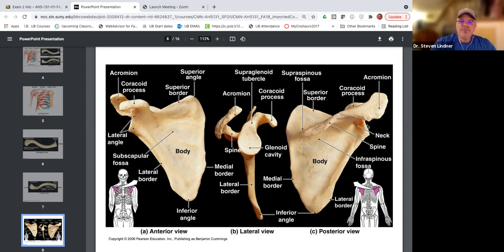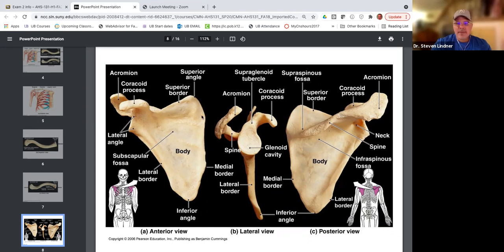Once you find that glenoid cavity, we know it has to be on the outside, or lateral portion, of the scapula, because the head of the humerus and the arm has to articulate there, and we know the arm is lateral; it can't be on the inside. So this border is the lateral border, and the border on the inside is the medial border.